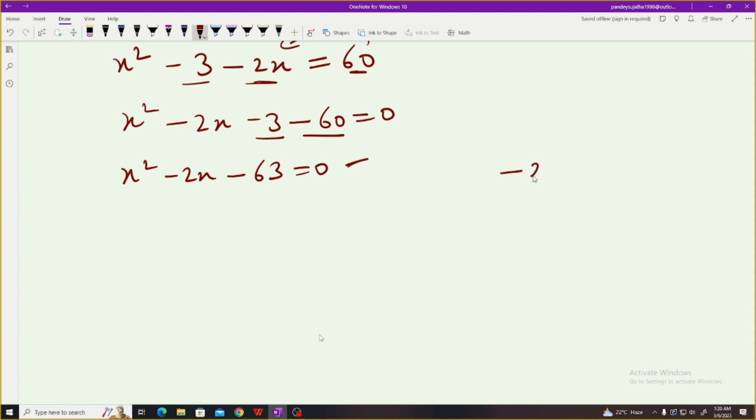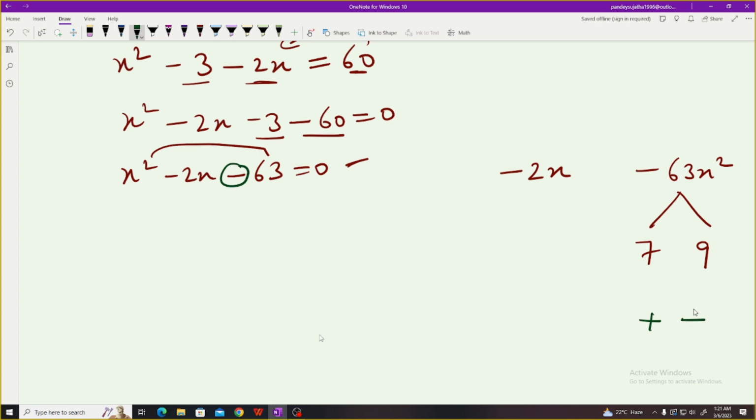So here in the middle term we have minus 2x, and the product of the first and the last term is minus 63 x square. Here 63, we know that 7 nines are 63. Since the last term is negative, one number should be positive and the other number should be negative.